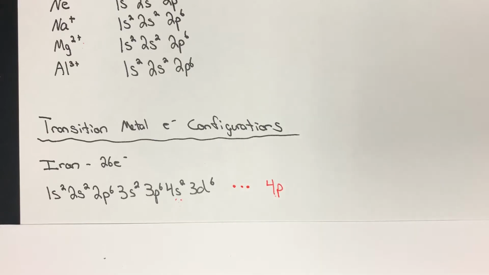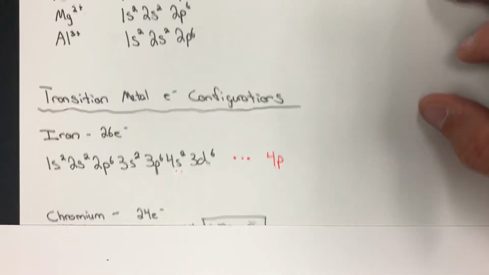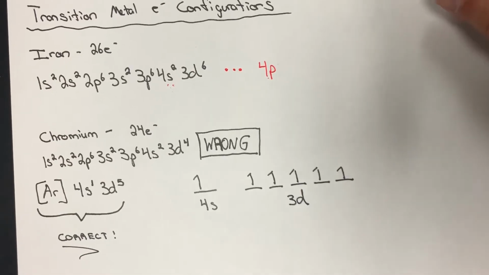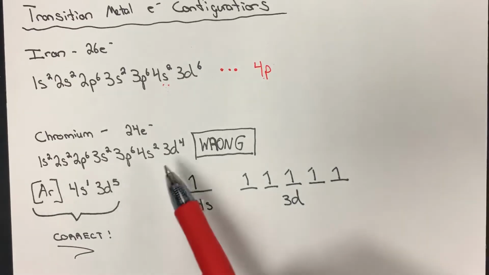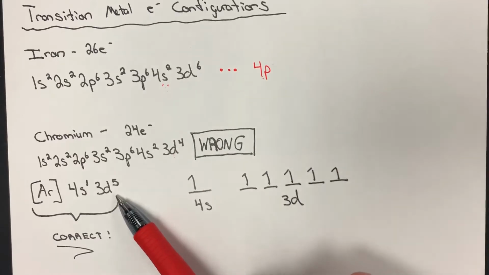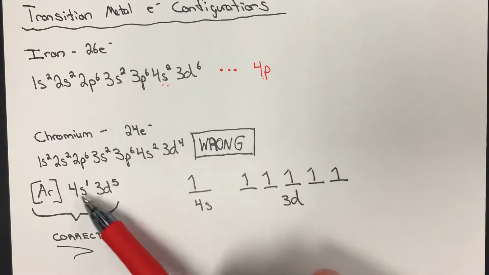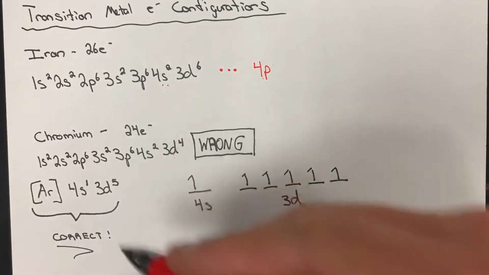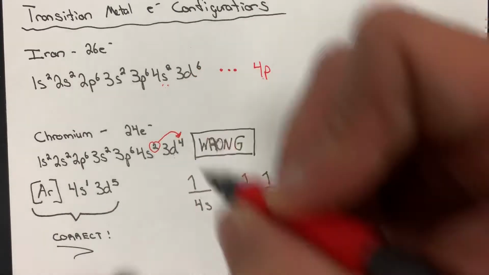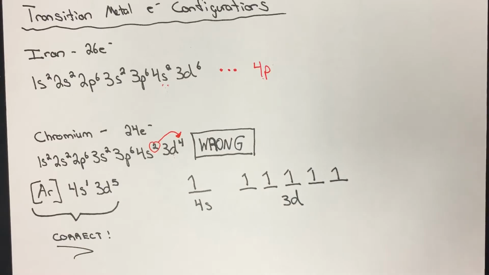The one reason I wanted to discuss it is because there are some exceptions that your book touches on. Imagine a scenario where we have chromium. This may be the predicted electron configuration for chromium. In fact, we find that the real electron configuration terminates in 4s1 3d5, and one of these electrons actually got filled into a d orbital instead.